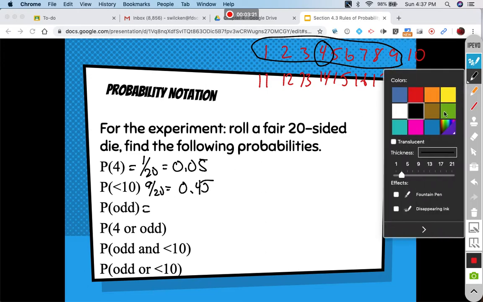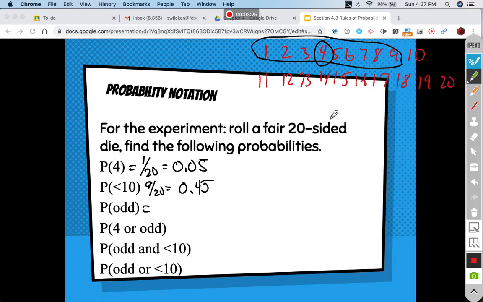I'm looking for what's the probability that I'm going to get an odd number. So I got 1, 2, 3, 4, 5, 6, 7, 8, 9, 10. So that's 10 out of 20 or 0.5.